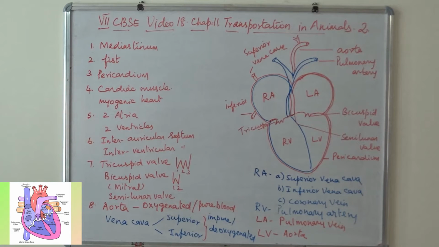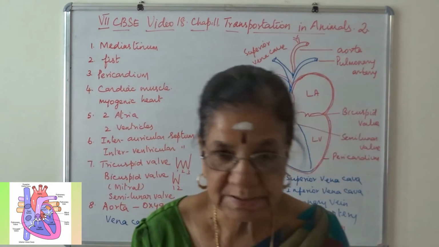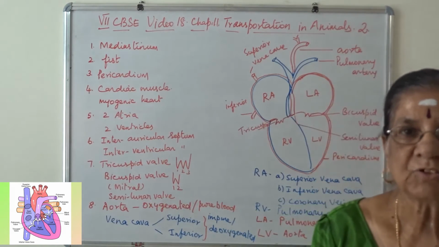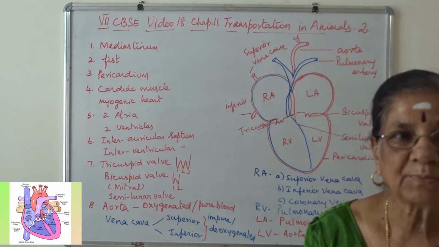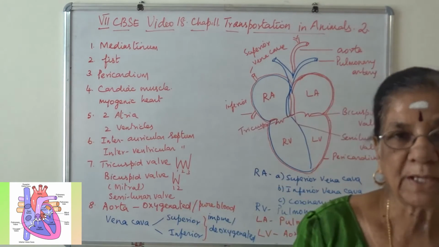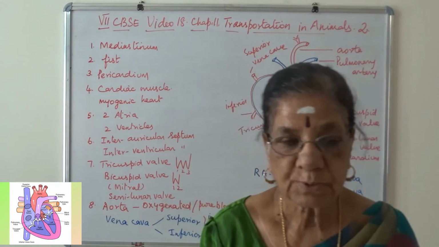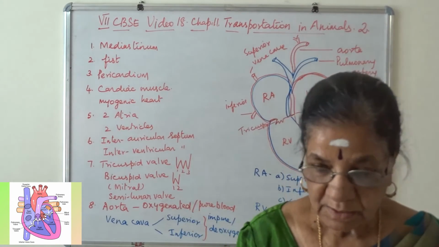Main cardiac muscle. What did I say for cardiac muscle? The heart is formed of cardiac muscle. It is involuntary muscle. It is myogenic in nature, deriving from the muscle fibers. It is formed of muscle fibers, and it is characterized by creating or initiating the heartbeat.